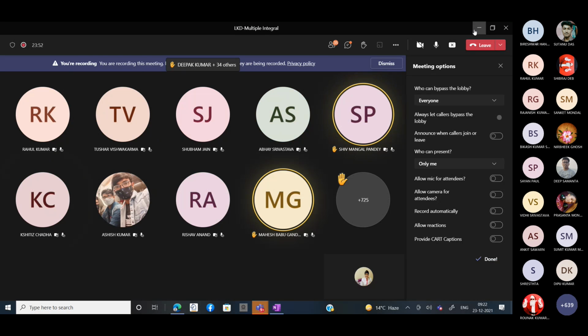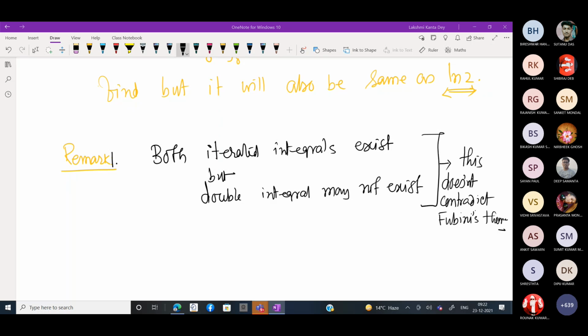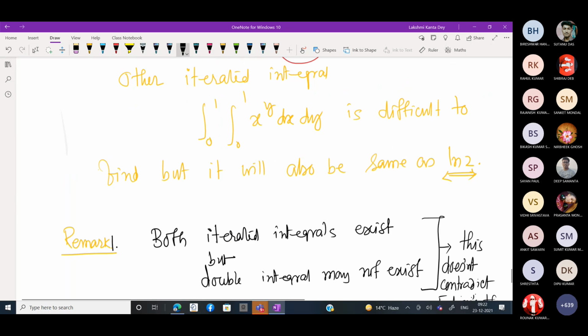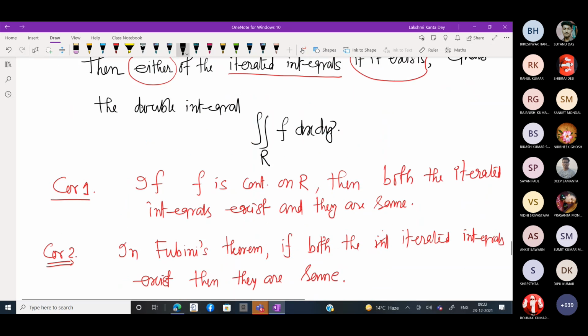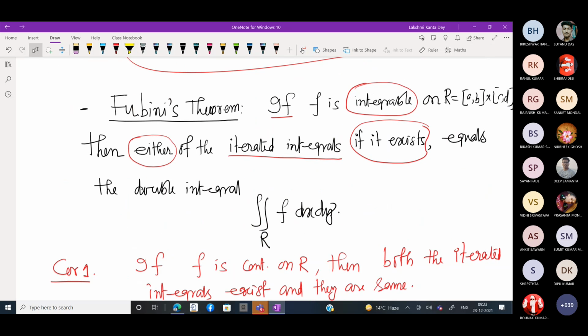Thank you very much for your answers and different tries. Now I would like to explain it. Once again, have a look at the theorem statement. If the integrand function is integrable on R, then either of the iterated integrals, if it exists, has to be equal to the double integral. So there is a supposition: if the function is integrable.